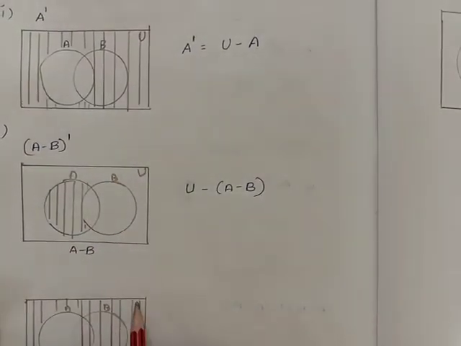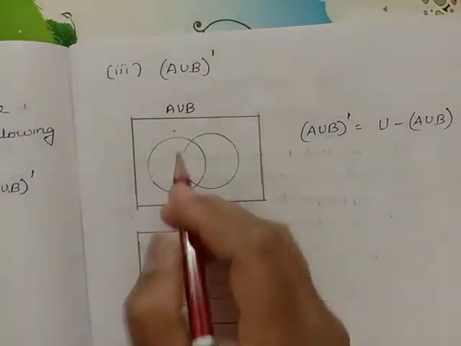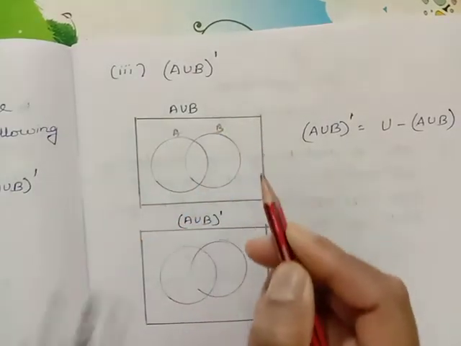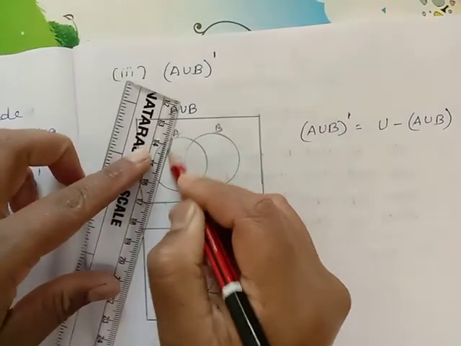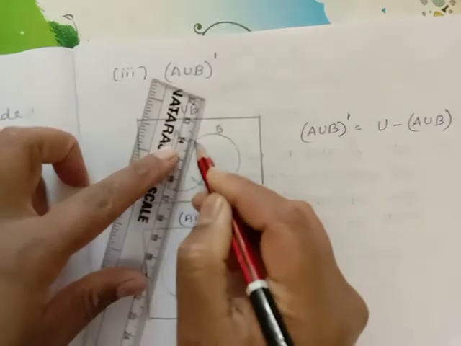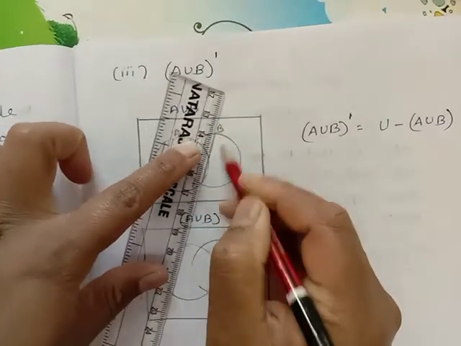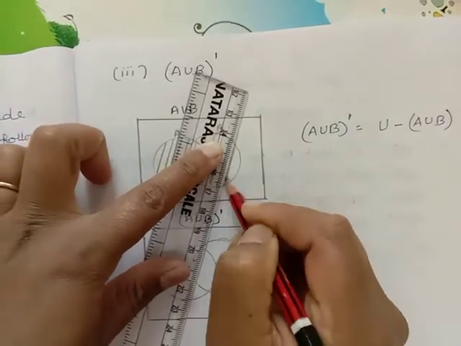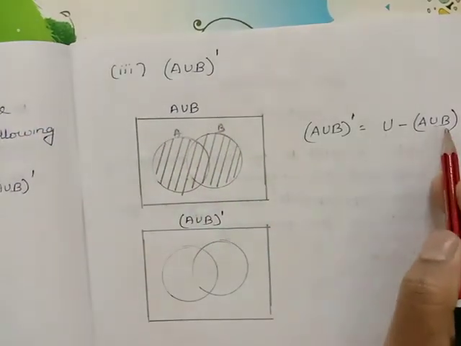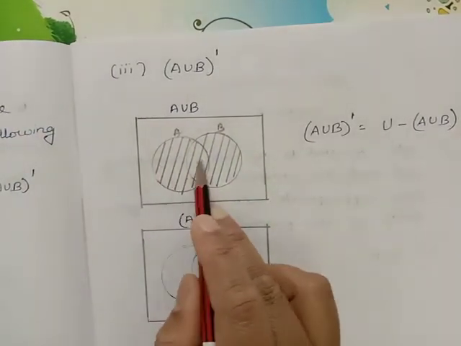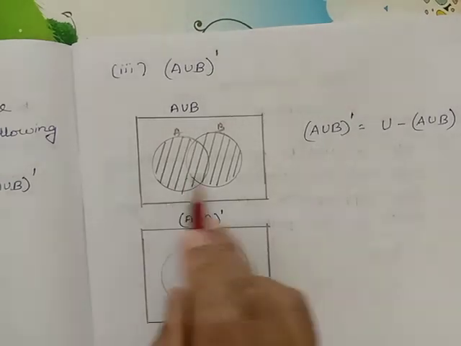We want all the portions of A and B. A intersection B means what is common, but here they have asked only A union B. So I have covered A union B because we want A and B.